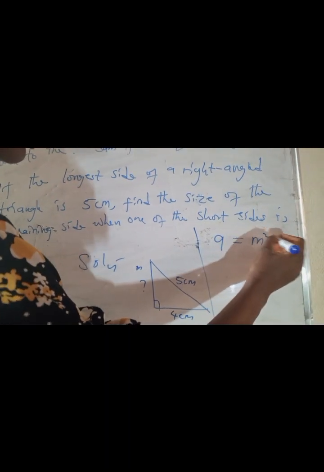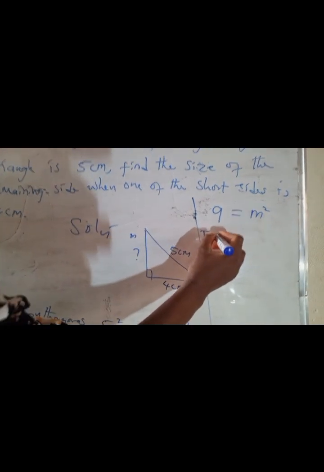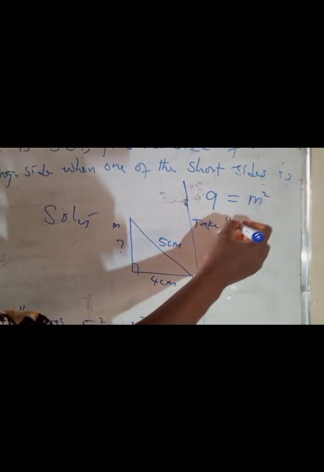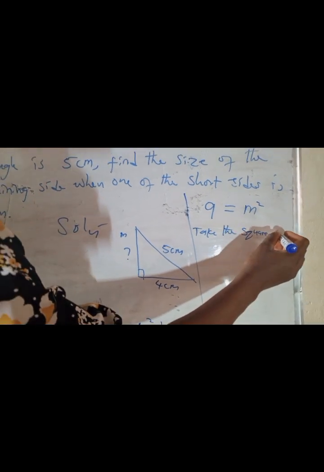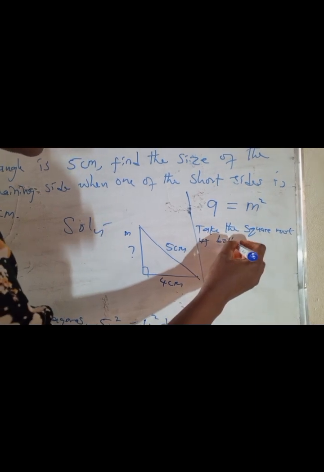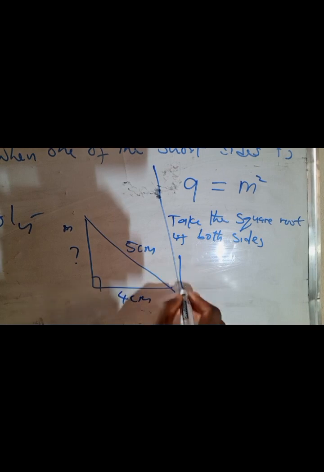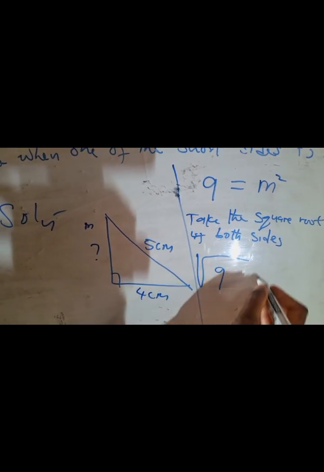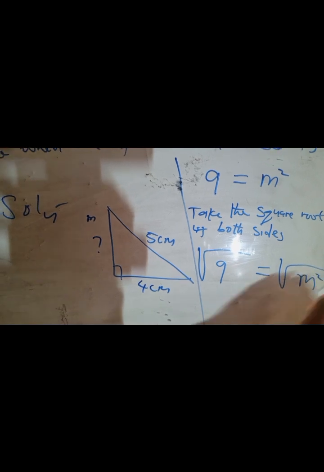m square. At this point, you take the square root of both sides. So this will be square root of 9 is equal to square root of m square.